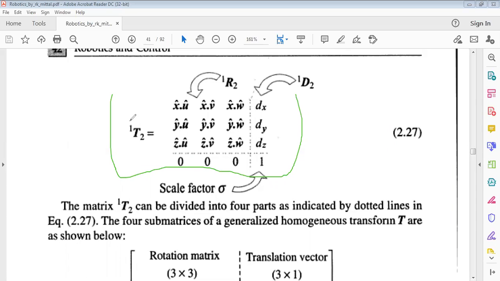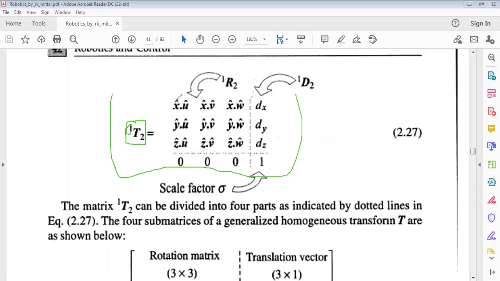So this notation 1T2 actually represents the position and orientation of coordinate frame 2 with respect to coordinate frame 1. This transformation matrix has 4 parts.